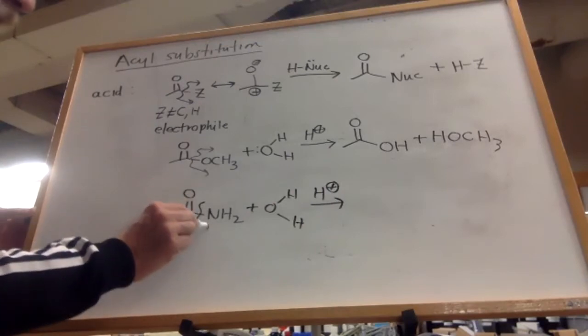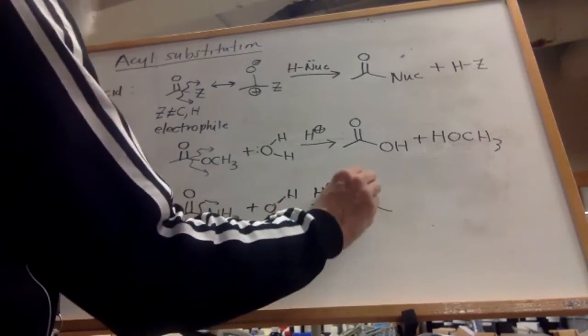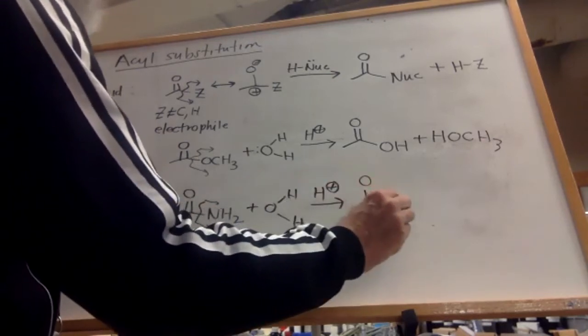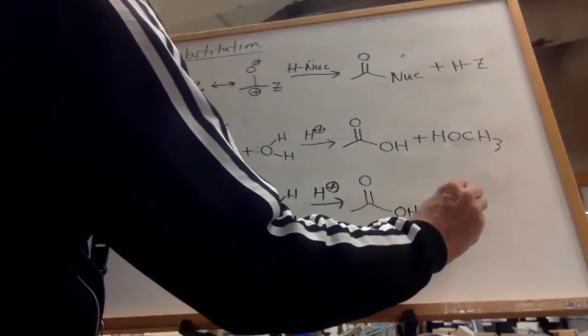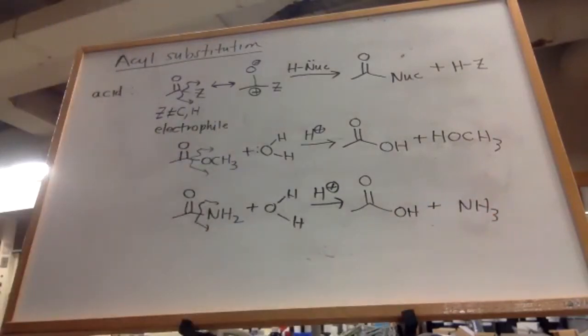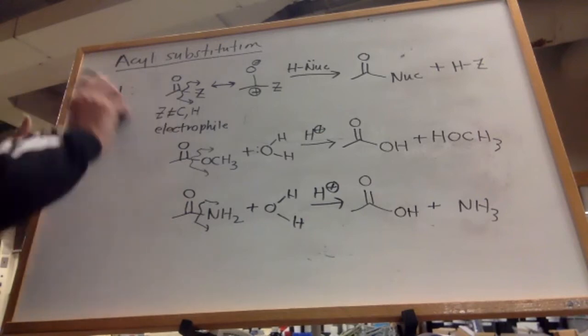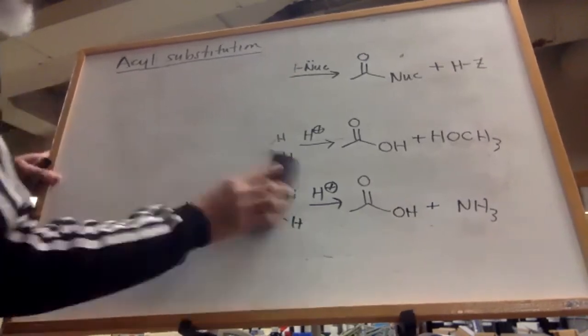The thing that's not carbon and not hydrogen goes away. Its place is taken by the nucleophile minus the proton that the nucleophile rode into town with. So we would get something that looks like that. Okay, so that's the overall reaction, acyl substitution, acidic conditions.